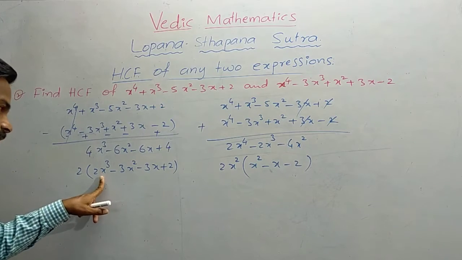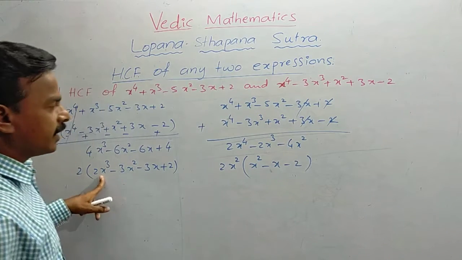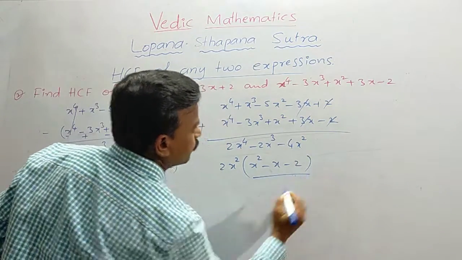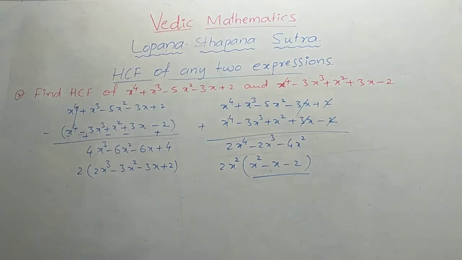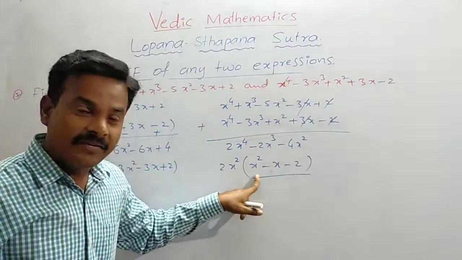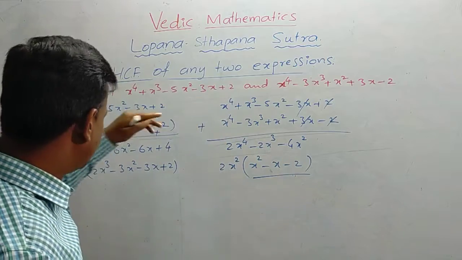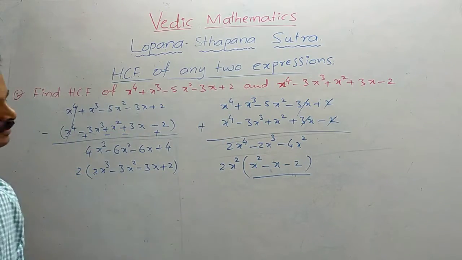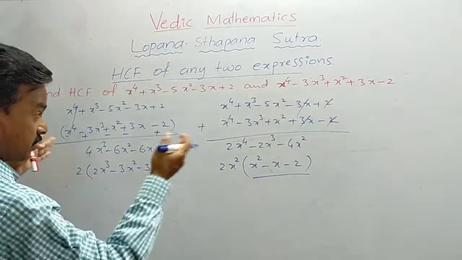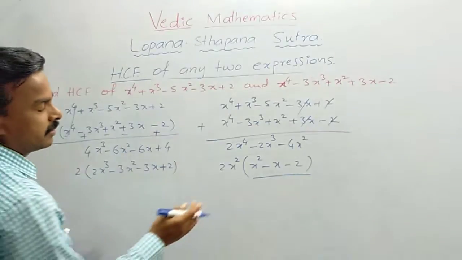But here you see, you take this one and multiply with 2x, and then subtract it from this one. This is addition. That means this is another method now.